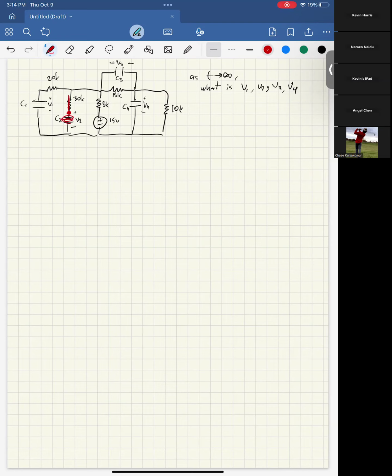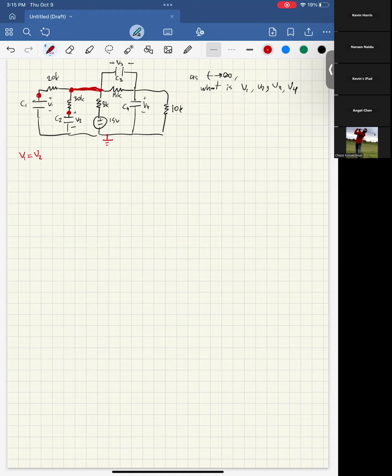The voltage at C2 is going to be the same as the voltage here, and the same as the voltage here, because there's no current flowing that way. If we define the bottom part as 0 volts, then this tells us that V1 equals V2, and that's whatever the voltage is at this node here.